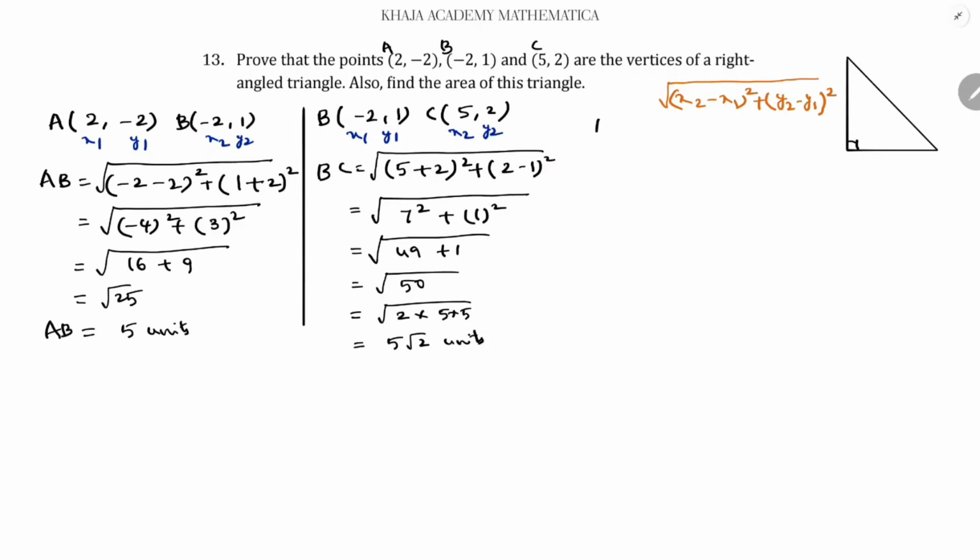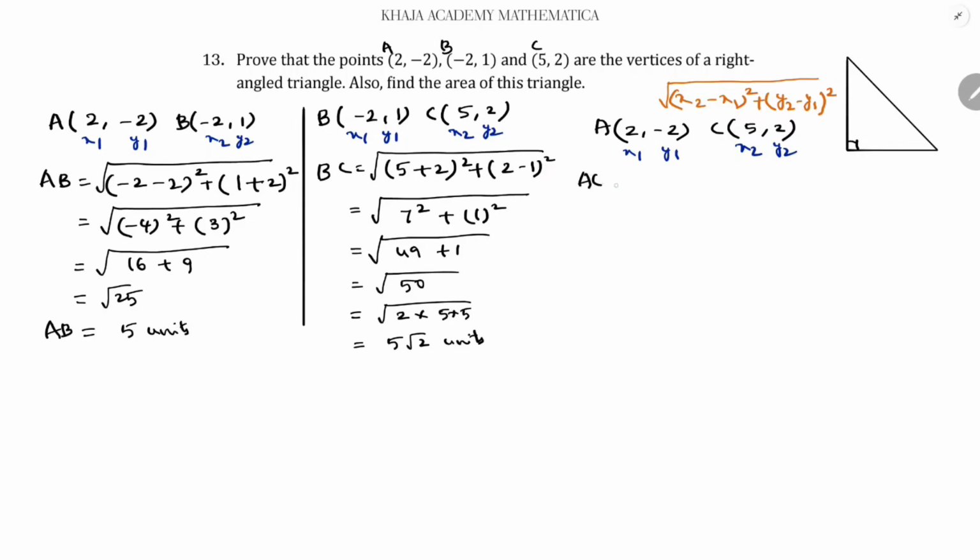Next AC. A is (2, -2), C is (5, 2). So again I consider x1, y1, and (5, 2) as x2, y2.